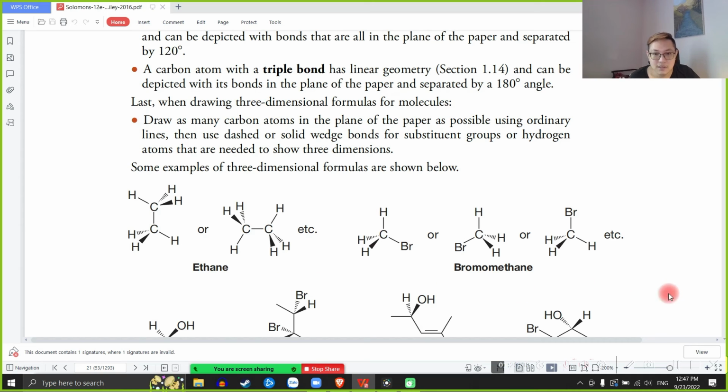Many different types. For bromomethane, the rules are like this. Hydrogen is not that important compared to bromo or anything else attached to it, right? So when something is important, you put it in a normal line. That's why C normal Br.